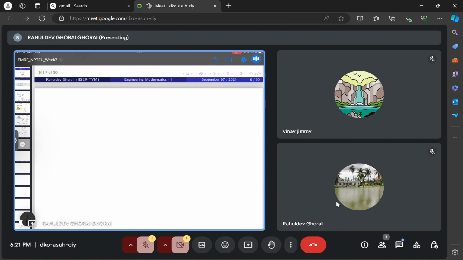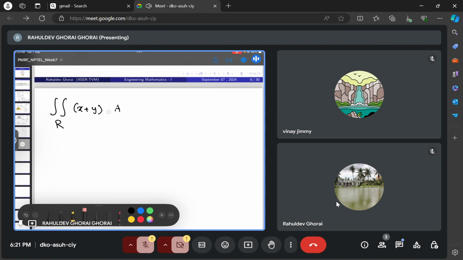Let's say you have a double integral like this: the integral over R of x plus y dA. Let's write not dA, it's dx dy, and R is given by, let's say, this.